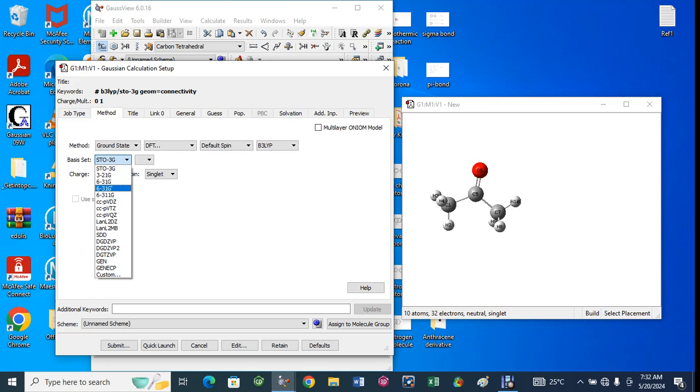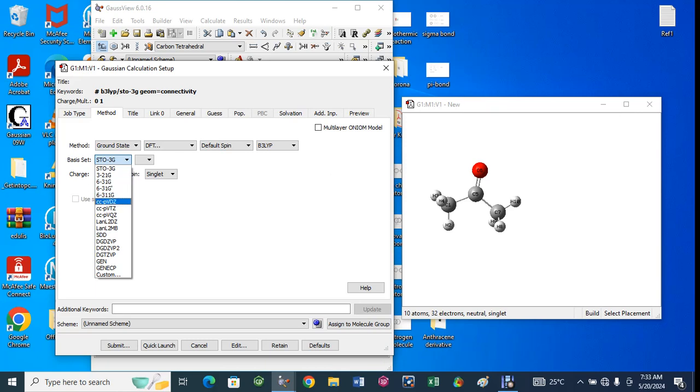You should take note that we have the STO, Slater type orbital, and then we have the Gaussian type orbital. STO-3G is a Slater type orbital. 3-21G is a Gaussian type orbital. 6-31G is a Gaussian type orbital. 6-31G prime is a Gaussian type orbital. 6-311G is a Gaussian type orbital.